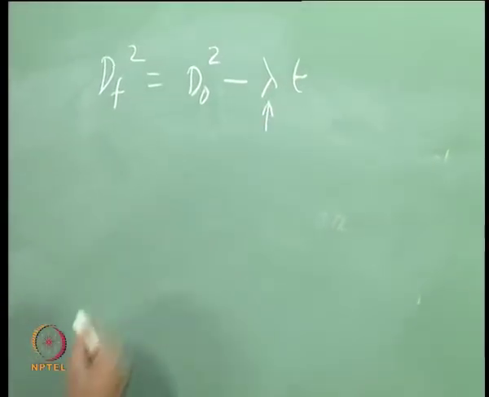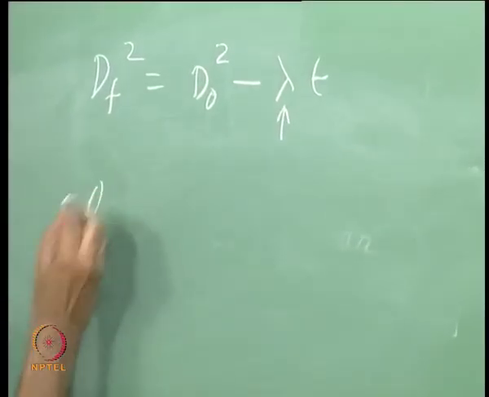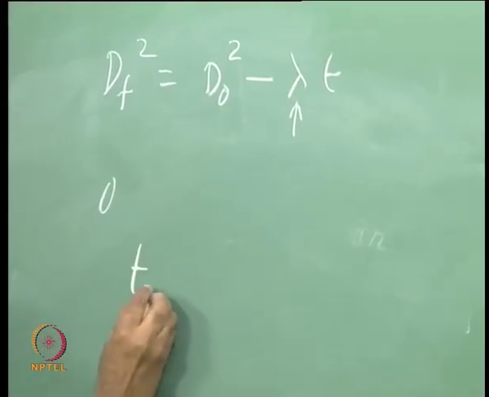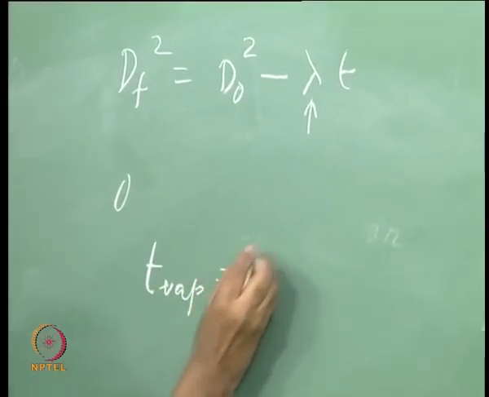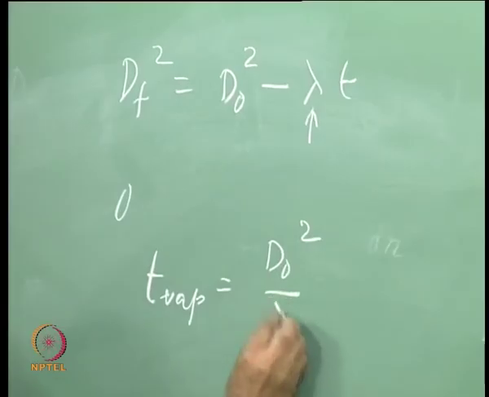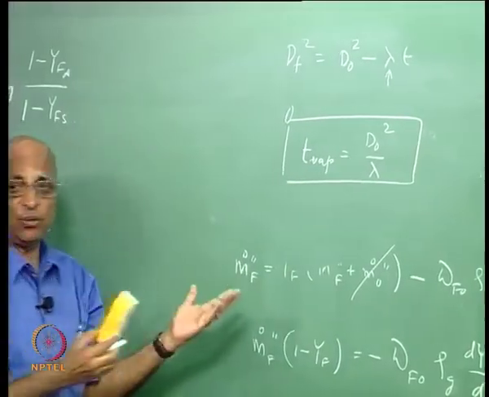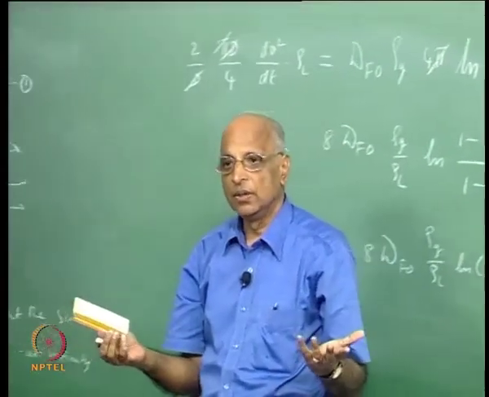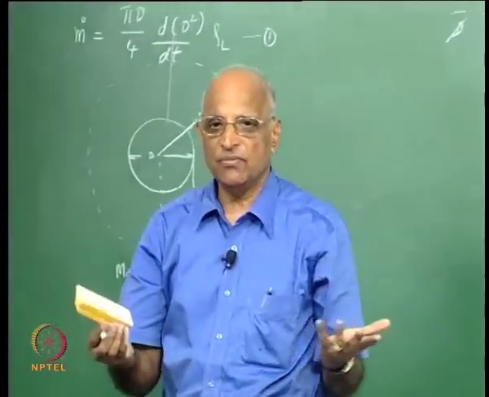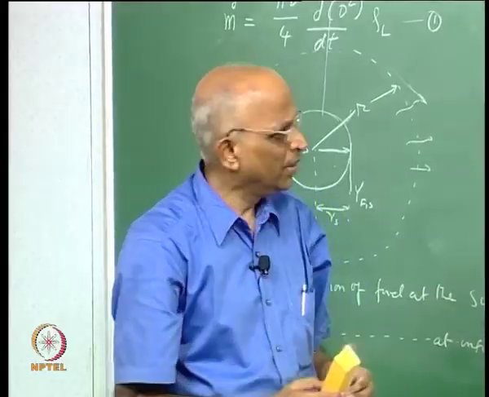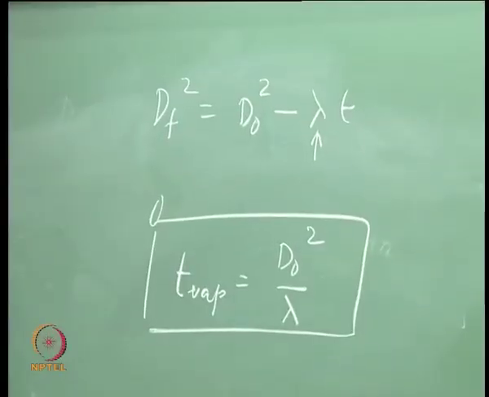Lambda is known from this equation, and my final value is 0. Therefore, the time taken for evaporation is equal to d naught square by lambda. Knowing the droplet, I can find the length of time taken or the fraction of the fuel evaporated. And this is all about evaporation and time taken.